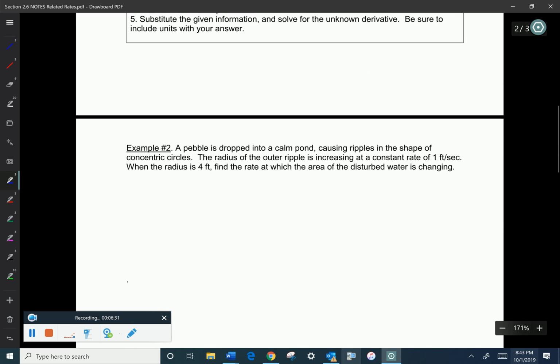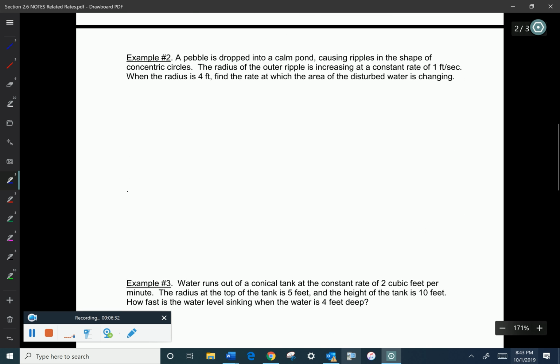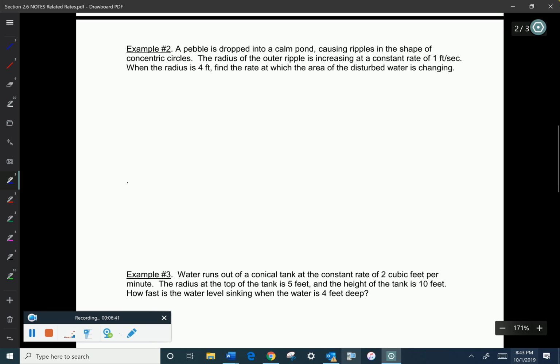Okay, so look at my first example. It says a pebble is dropped into a calm pond, causing ripples in the shape of concentric circles. So I have a circle here, the circle of my outer ripple. It says that the radius is increasing at a rate of 1 foot per second.